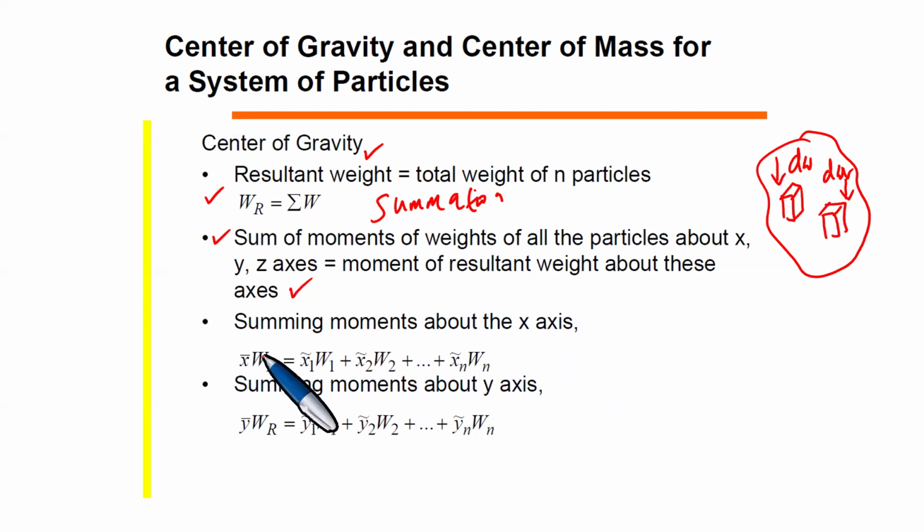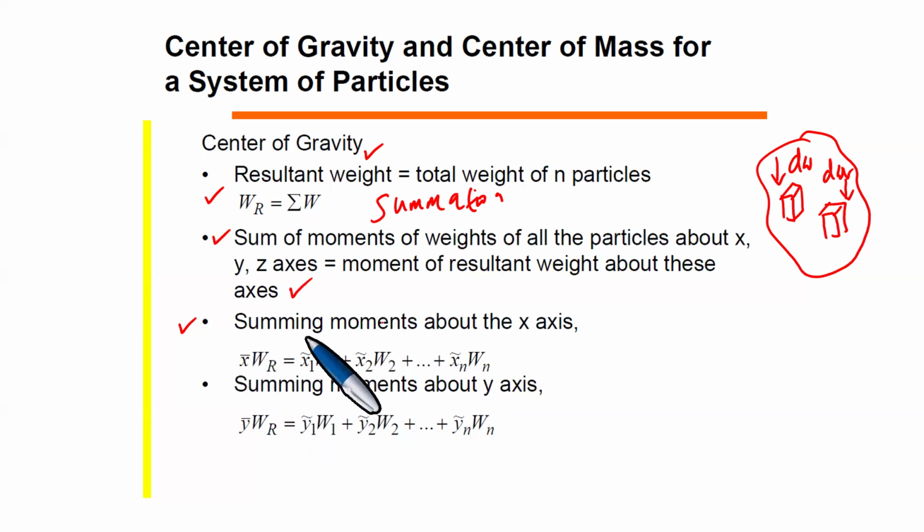We continue. Now, summing moments about the x-axis. We are summing the moments of weights about the x-axis, about the y-axis, and about the z-axis. Let's speak about summing moments about the x-axis.